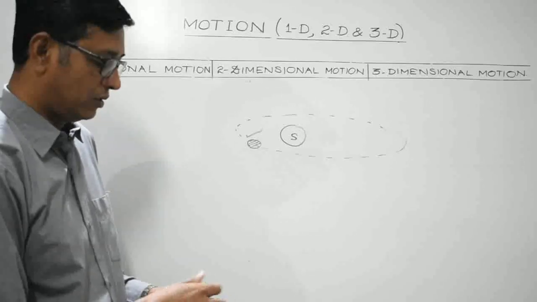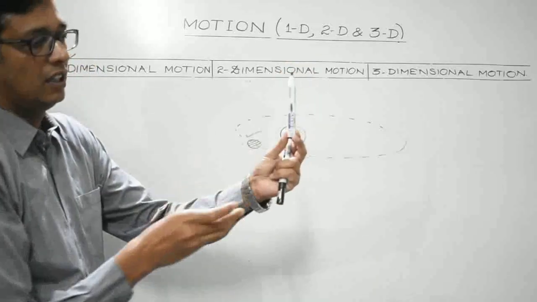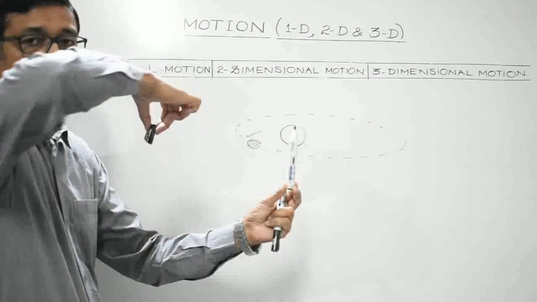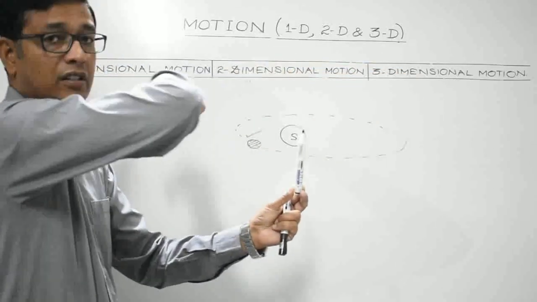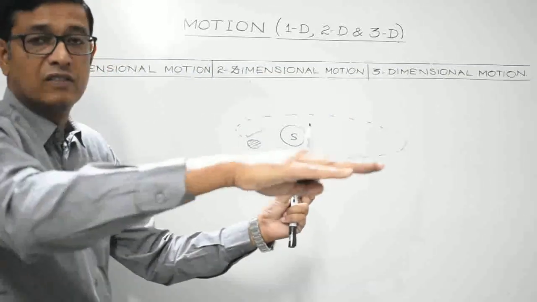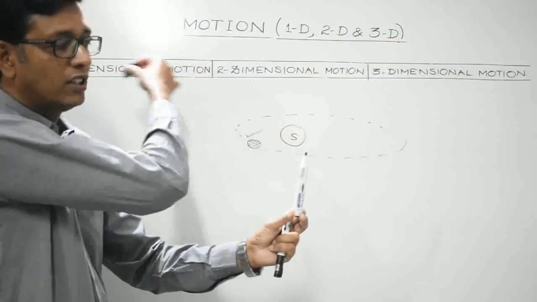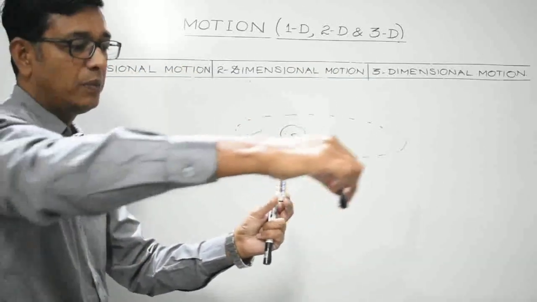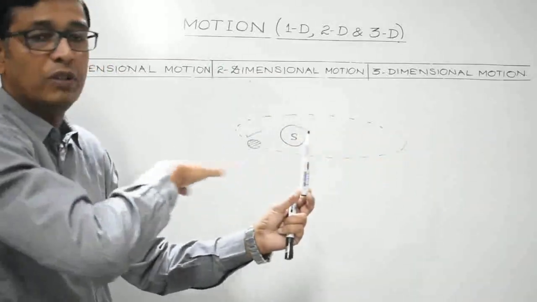So, suppose this is the Sun and this is the Earth. It is revolving like this, right? So it is having motion on a plane. It is not revolving like this. All the three coordinates are not changing their value with the passage of time. Instead, it is moving in a plane.